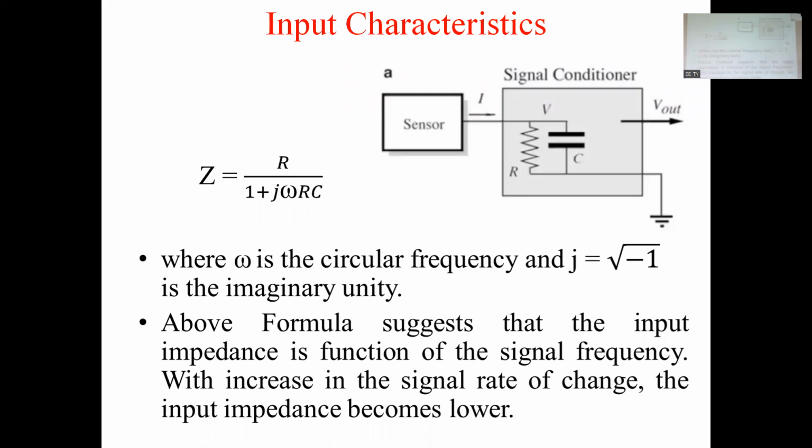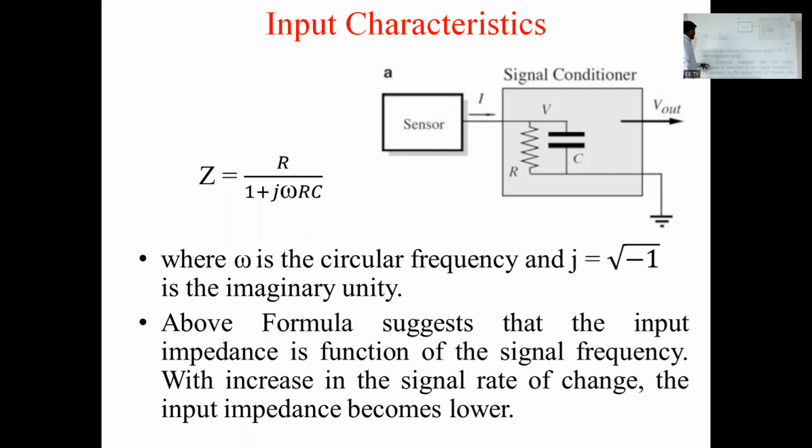See, the signal conditioner, if it is modeled in the form of R in parallel with capacitor C. Okay, signal conditioner हा सेन्सर आहे त्याचा आउटपुटला आपण हे सिग्नल कंडिशनर काय करतो इंटरफेस करतो. If it is modeled like this, resistance is in parallel with capacitor, here we obtain the Vout.